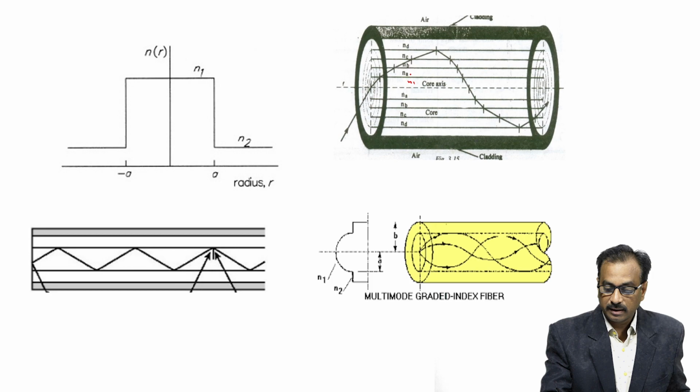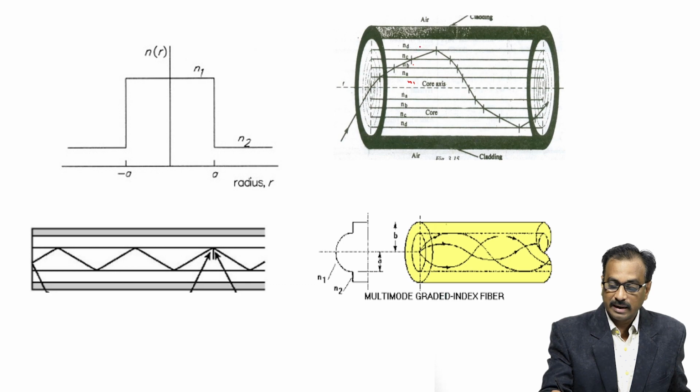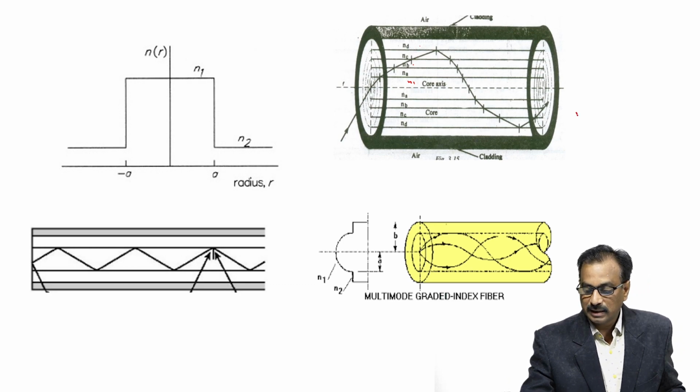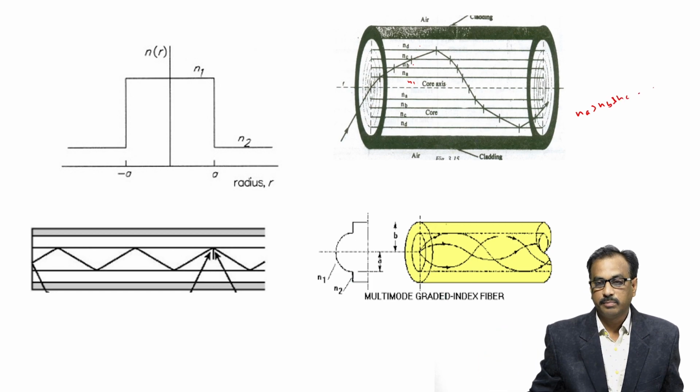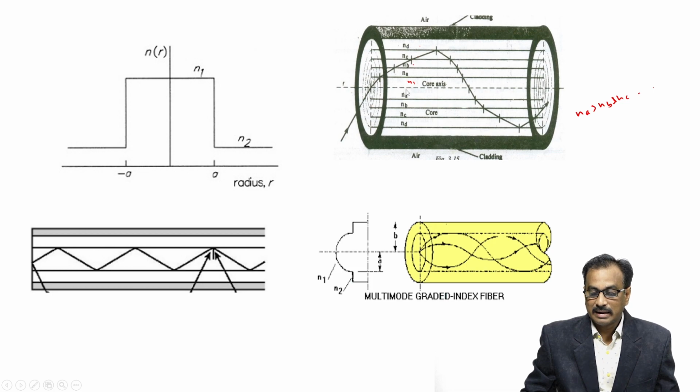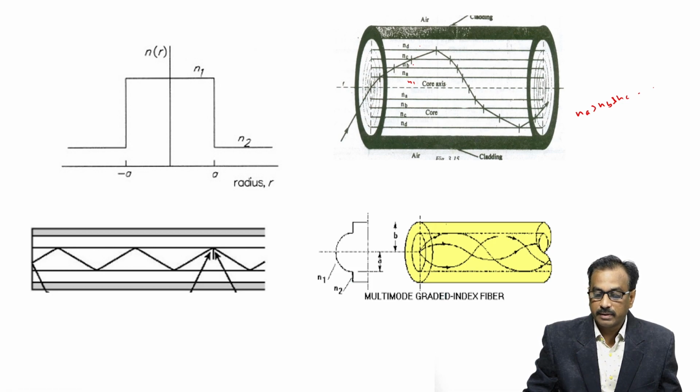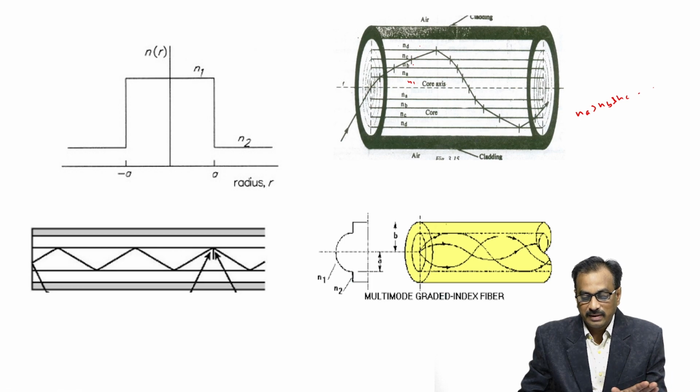The refractive index of the inner layer is nA, and the refractive indices of the outer layers are nB, nC, nD, and so on. The condition is nA greater than nB greater than nC, and so on. That means the inner core is a denser medium. As you go away from the center of the core, the refractive index of the layers gradually decreases.